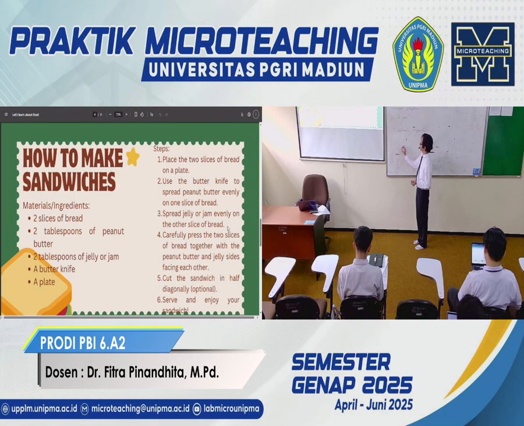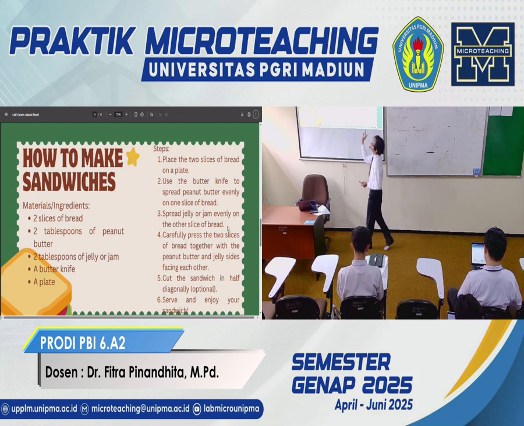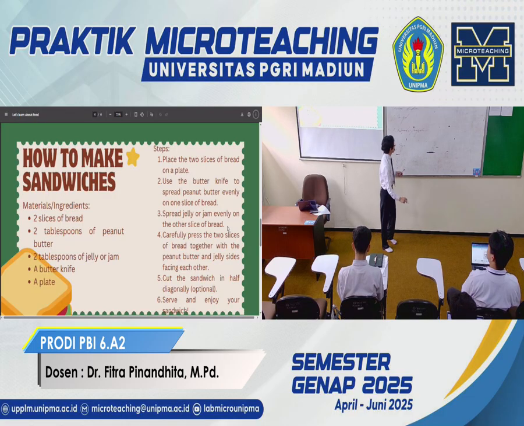Okay, start. Good. So the general structure of procedure text, they are the goal. The goal is how to make sandwich. Second is materials or ingredients. This part. And the last one is steps. The process of making something.